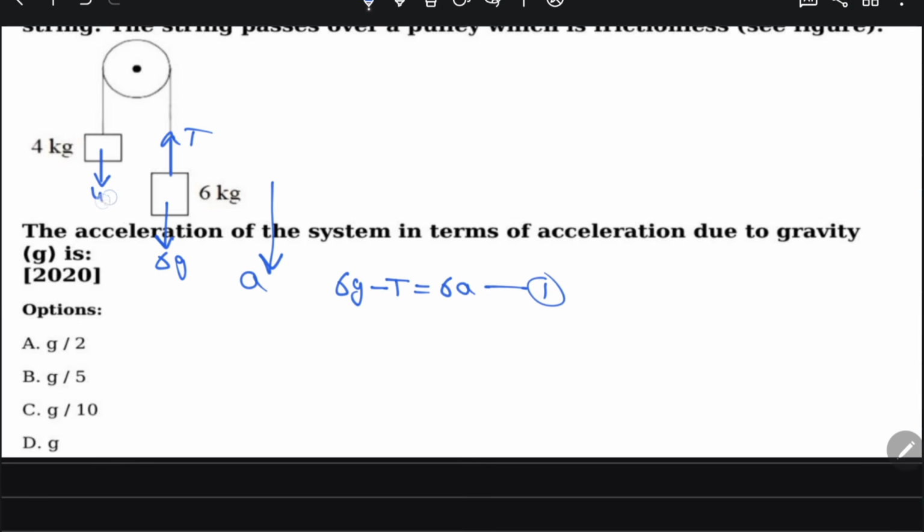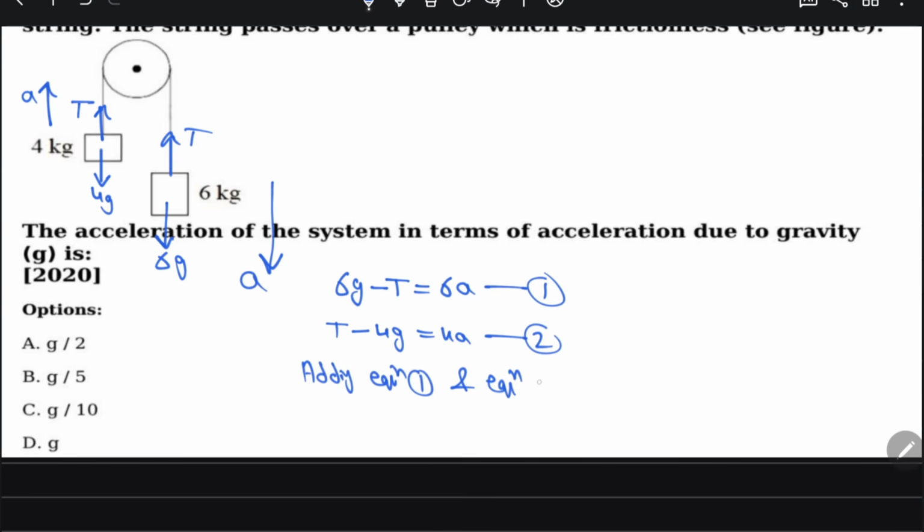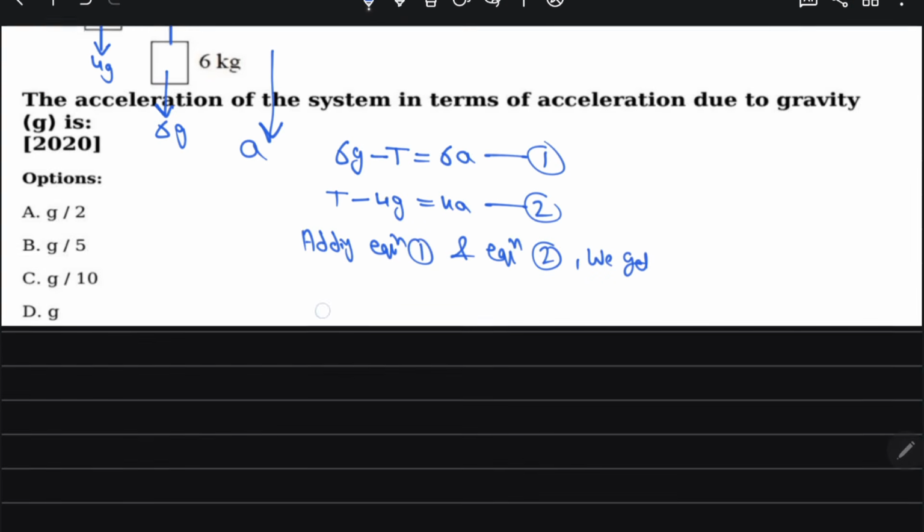For the other mass, 4g, and here acceleration is upward, so T minus 4g is equal to 4a. Adding equation first and equation second, 6g minus T plus T minus 4g, this is 2g is equal to 10a.